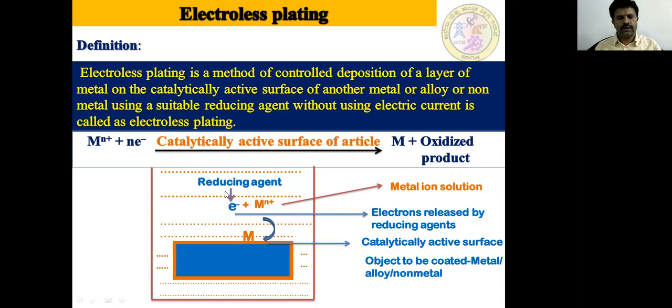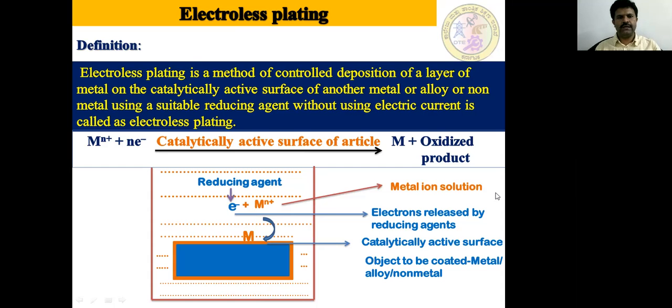So we need to create the substrate surface so that it is ready to undergo the reduction reaction. So we have to create some catalytically active surface through some process that I will discuss in the next slides. In this way, we can conduct plating without electricity.